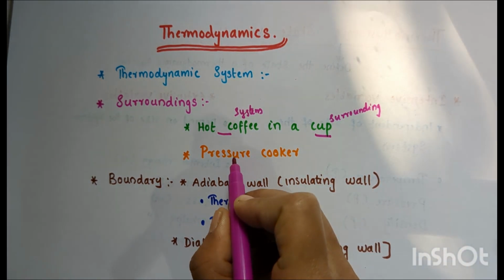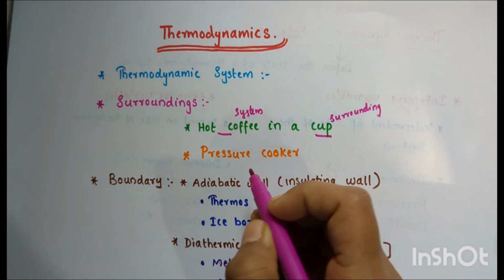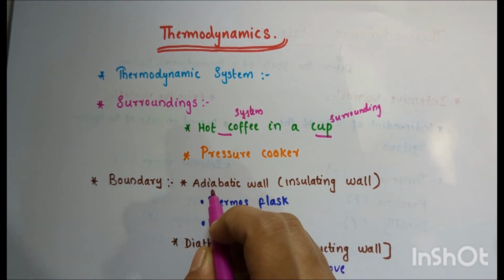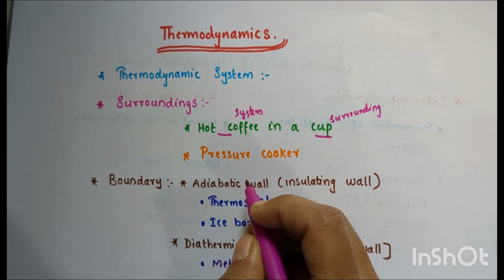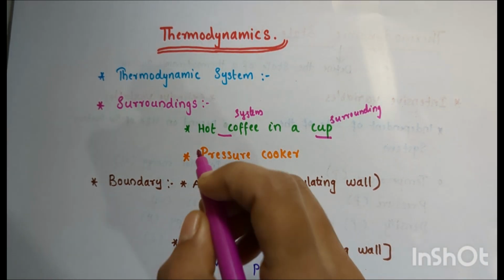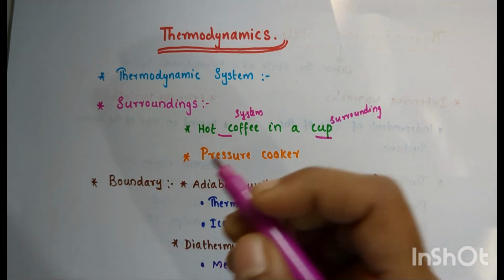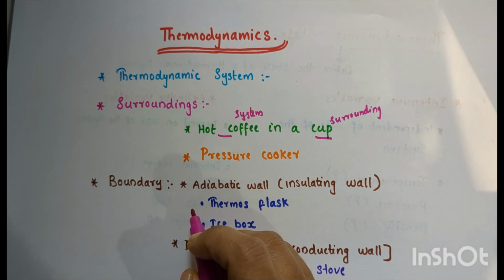Now if you consider a pressure cooker, the food, the water, the steam inside the cooker, that is actually the system. And the cooker walls, stove, kitchen, etc. are actually the surroundings. So everything outside a thermodynamic system is the surroundings.